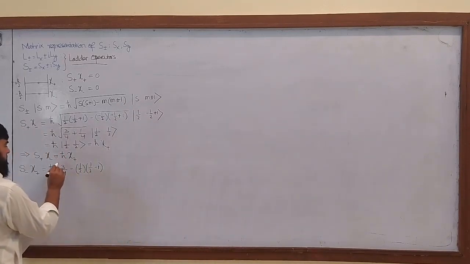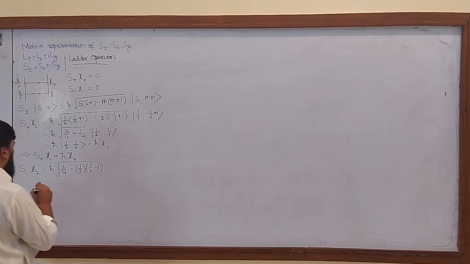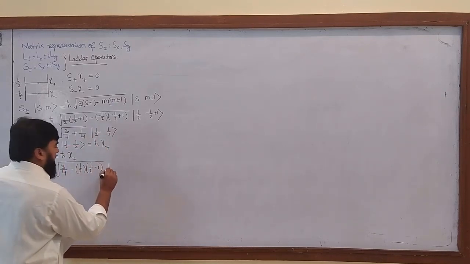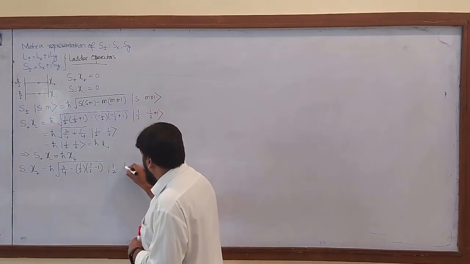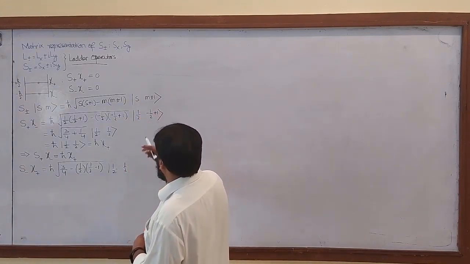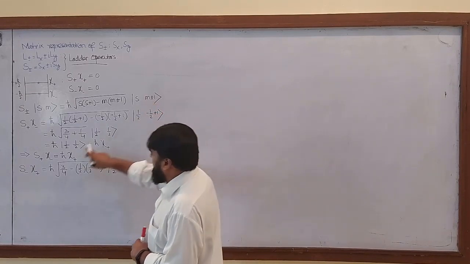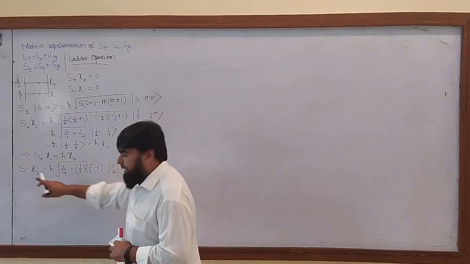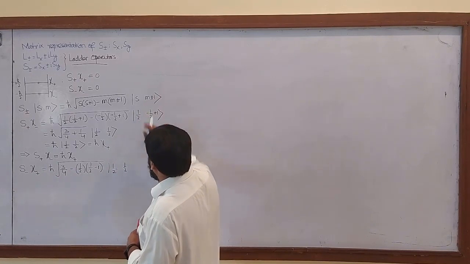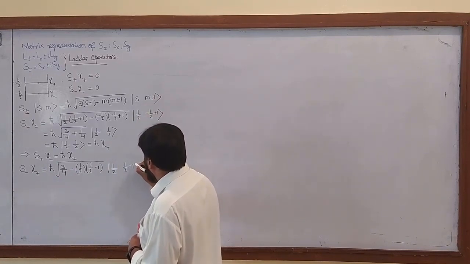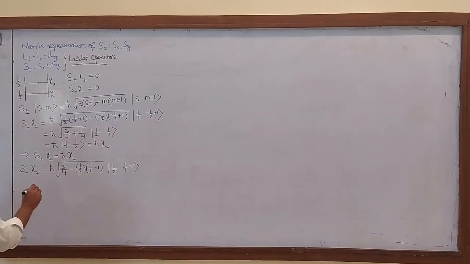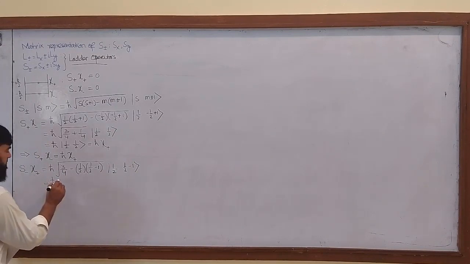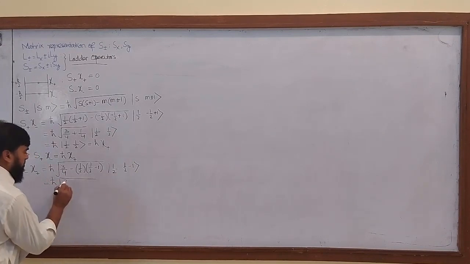We will have this under the square root, while here I will take half, and then m for chi plus is half, and then minus 1. So do calculate this one. This will be h bar, and now this is 3 over 4.